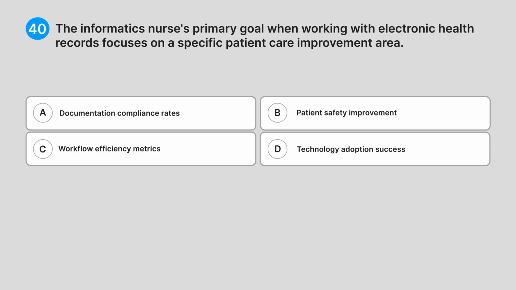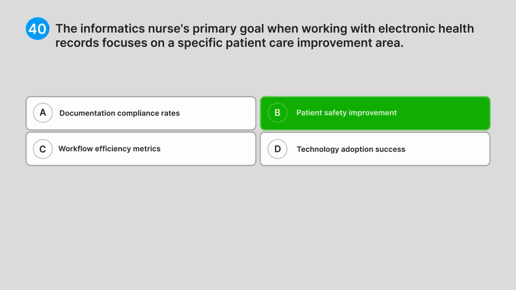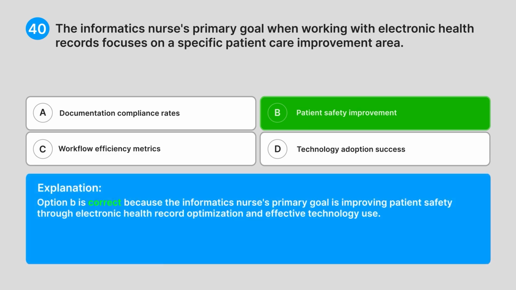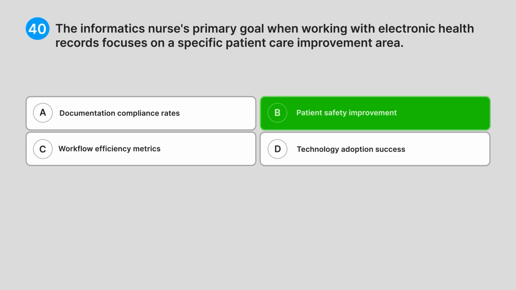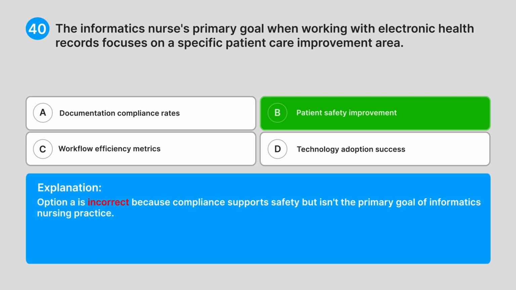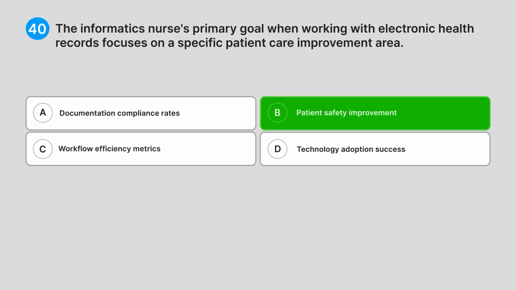Correct answer, B. Patient safety improvement. Explanation. Option B is correct because the informatics nurse's primary goal is improving patient safety through electronic health record optimization and effective technology use. Option A is incorrect because compliance supports safety, but isn't the primary goal of informatics nursing practice.